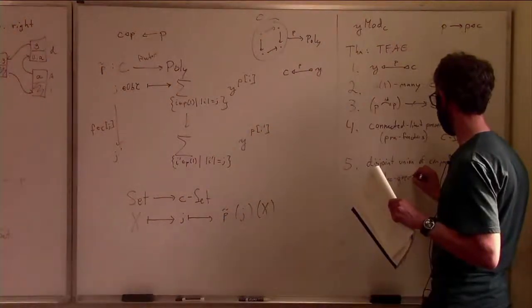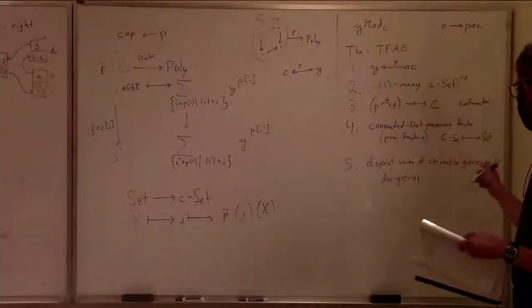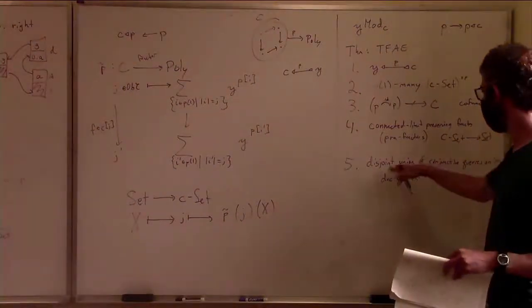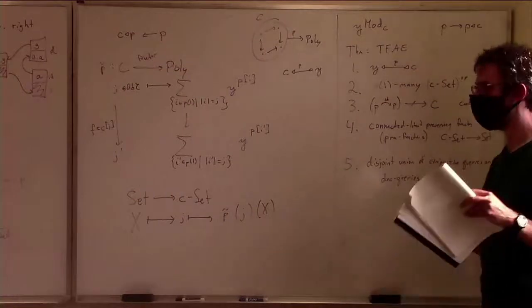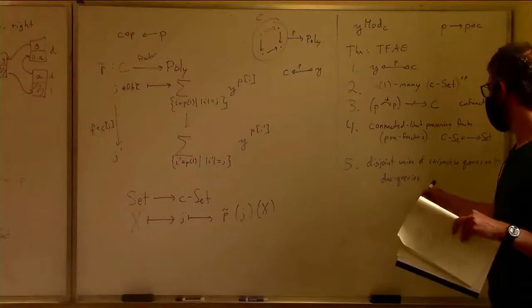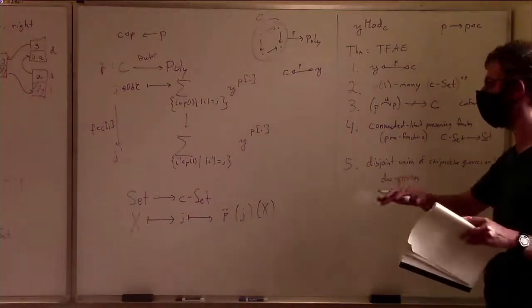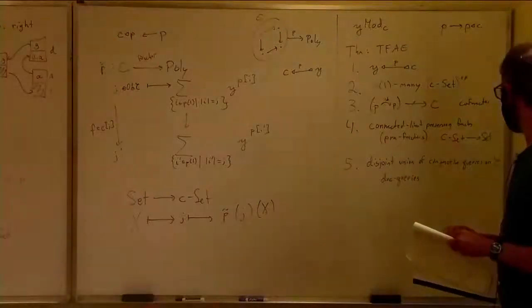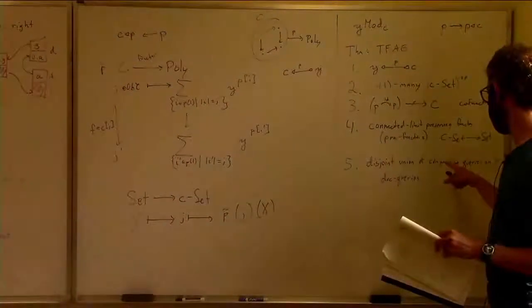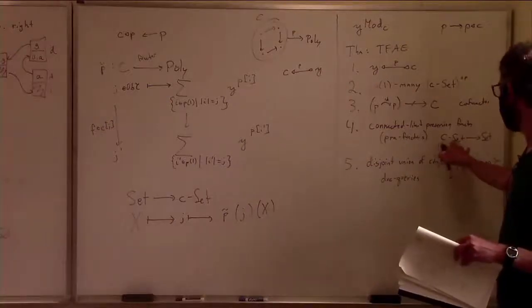Disjoint union of conjunctive queries on C. In other words, if C was a database schema, then these would basically take conjunctive queries, which are like select from where, and then disjoint union of them means you can OR that. Select this from where, or this from where, or this from where. And so duck queries are your most basic, your bread and butter of databases. And so we're getting duck queries on C.